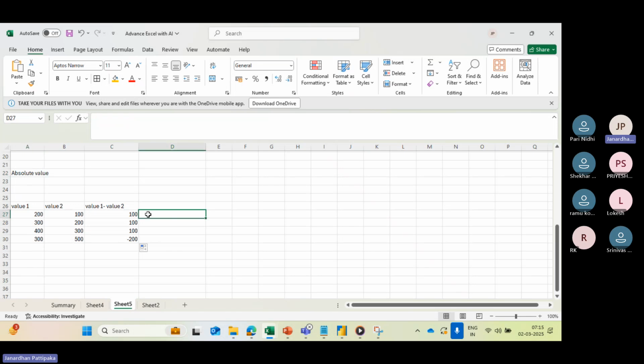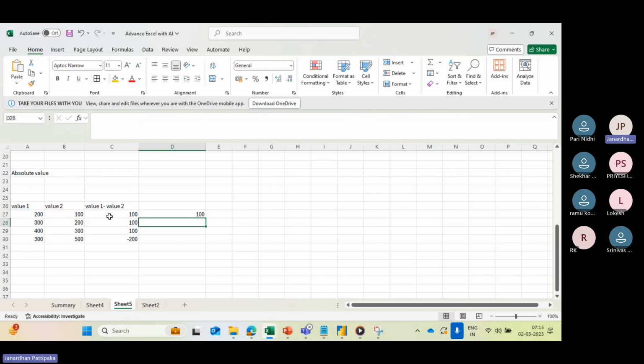So how you can use the formula here: equal to ABS. Just click on absolute, press tab, and I will take the same value 1 minus value 2 and close the bracket. I'm taking the same values we used previously, but additionally I have used one function called absolute. Click on enter.